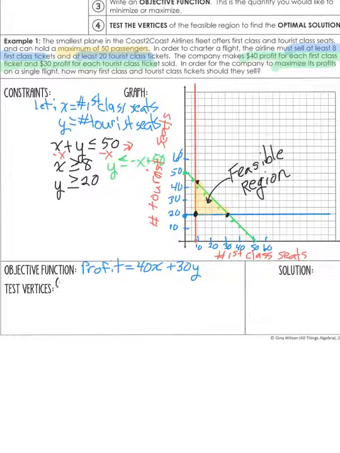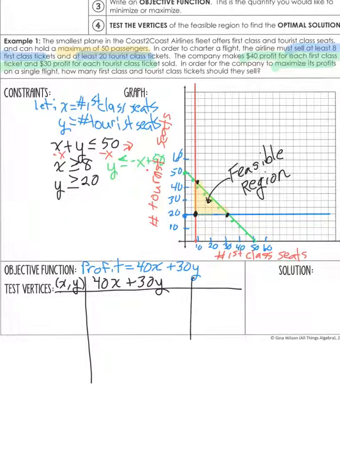We're going to have an x, y, and then we're going to use our objective function, profit. We're going to plug each of these x and y values into this profit function to see which one is going to maximize our values. So I'm going to put here 40x plus 30y, and it is going to give us our profit.